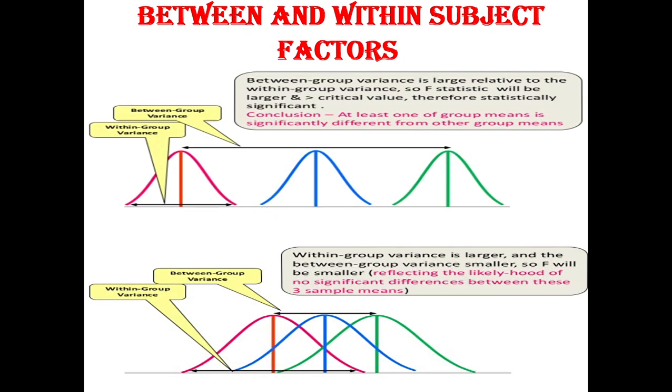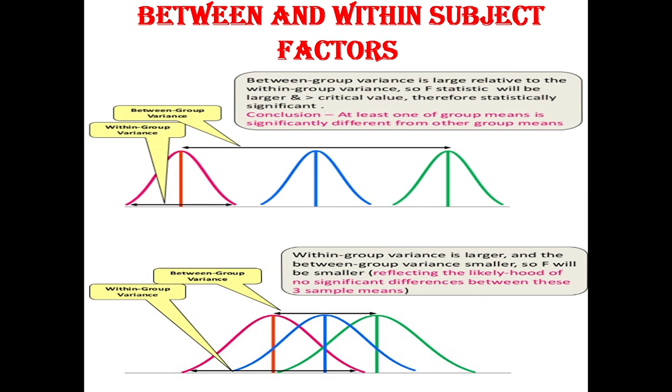So between and within subject factors. Between group variance, within group variance. If the between group variance is large relative to the within group variance, the F statistic will be larger and more than the critical value, therefore statistically significant.